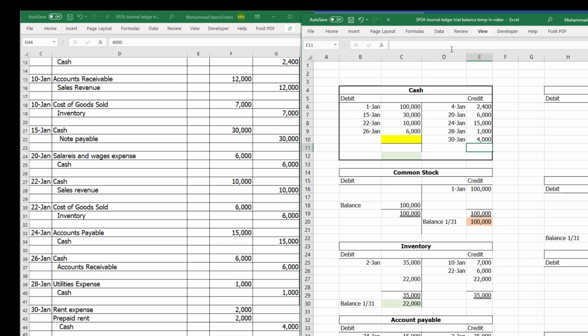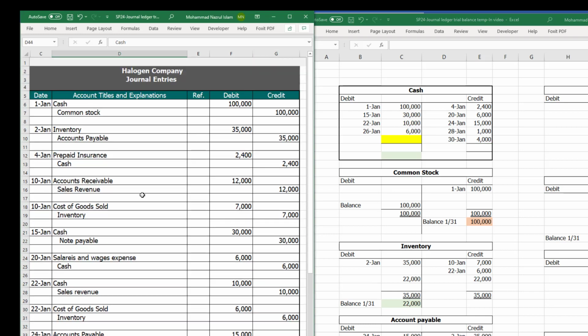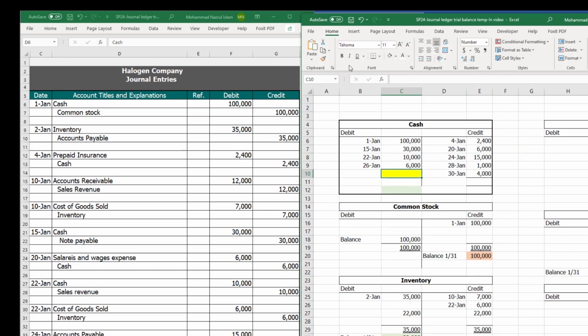After posting all of the amounts for an account, you will have to look around. We can easily see that the debit side is higher than the credit side. So what am I going to do? Let's use the sum function.